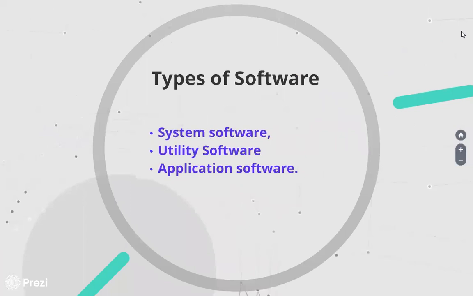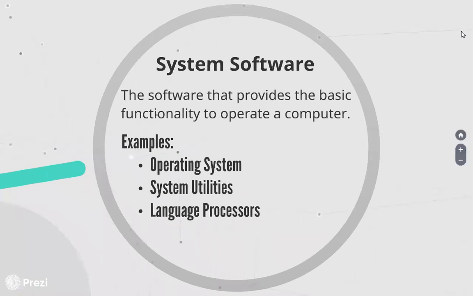First is system software, second is utility software, third is application software. So what is a system software? System software is basically the software which closely works with hardware.